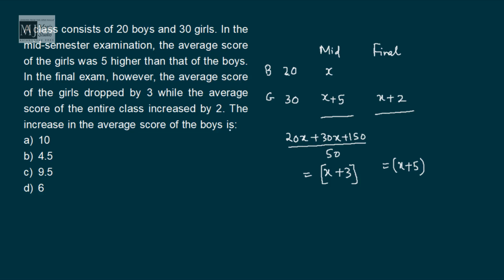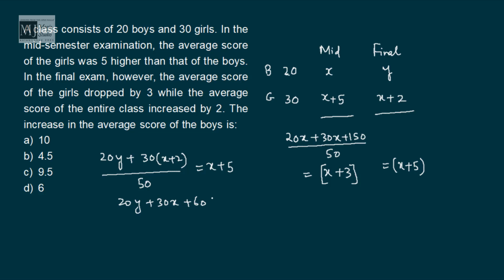The increase in the average score of boys is, let the new average score of boys be y, then we can have this equation: 20y plus 30 into x plus 2, by 50, equals the new average x plus 5 of the entire class. So 20y plus 30x plus 60 is 50x plus 250. 20x... 190.